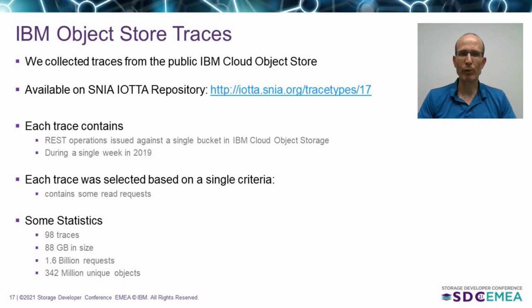Each trace was generated over a single week in 2019. There are 98 traces, 88 gigabytes in size altogether. The traces represent 1.6 billion RESTful requests, and they're accessing 342 million unique objects.